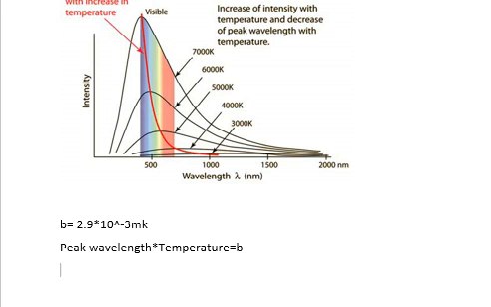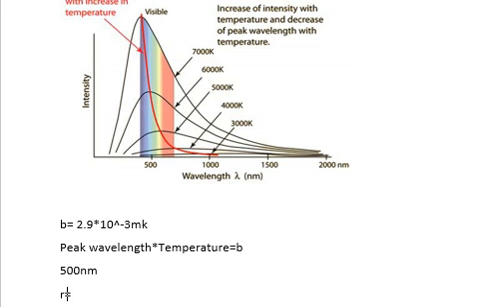So, let's say that light coming from the sun has a peak wavelength of 500 nanometers. And let's use this along with the fact that the sun's radius is 700,000 kilometers.